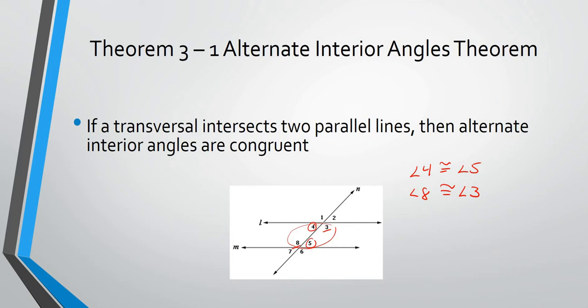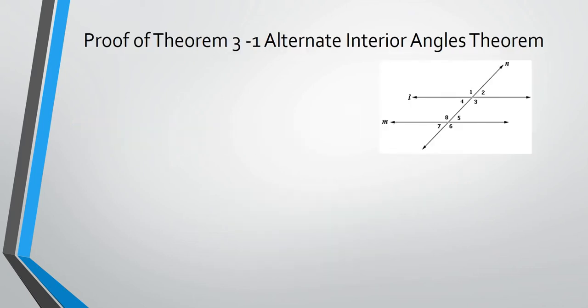So let's take a look at our proof, and then we'll move on to a few more theorems. So proof of theorem 3.1, that alternate interior angles theorem. So given that line L is parallel to line M, this is important for all the theorems we're doing today. L and M, the two lines being cut by our transversal, have to be parallel.